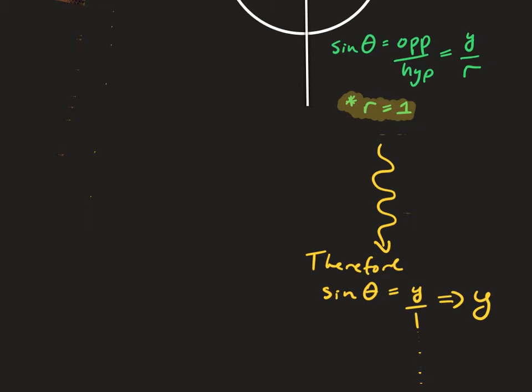Therefore, sine theta is equal to y over 1, and y over 1 is just y. So that gives us our first value that's going to be very important for later. Sine theta is equal to y.